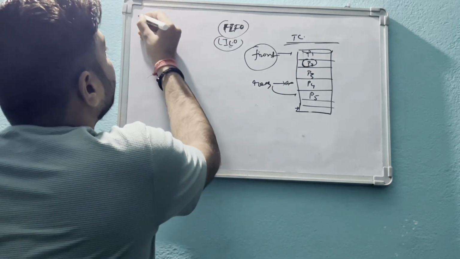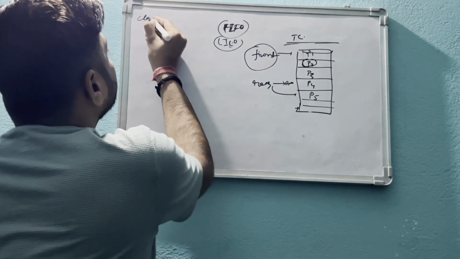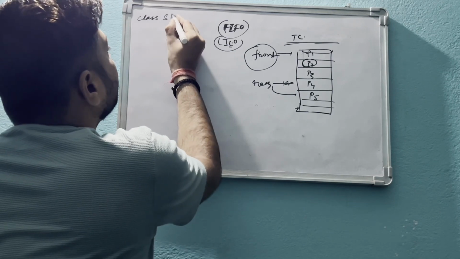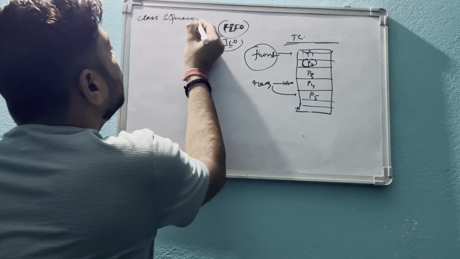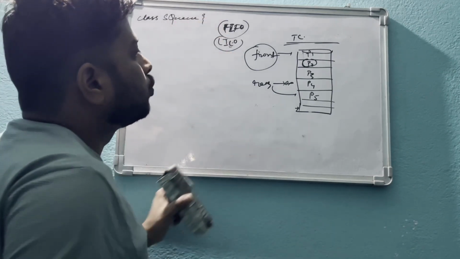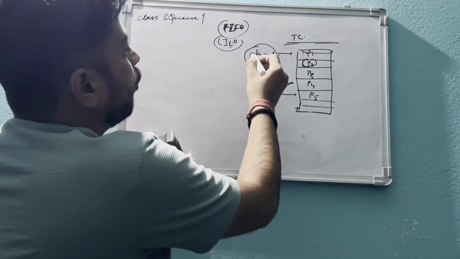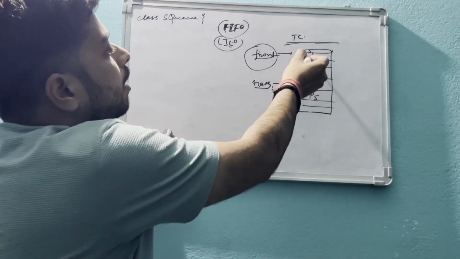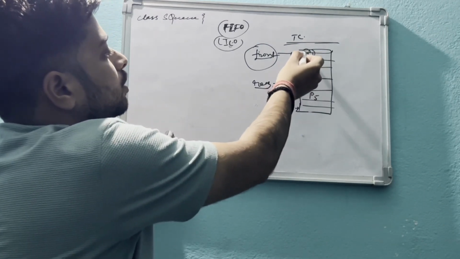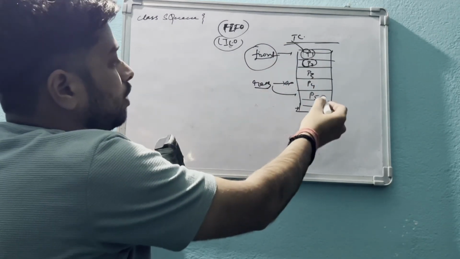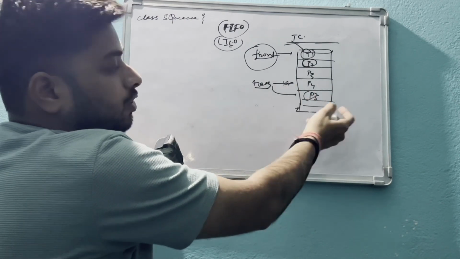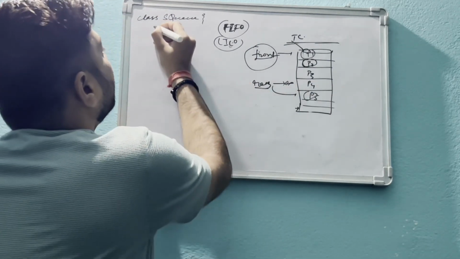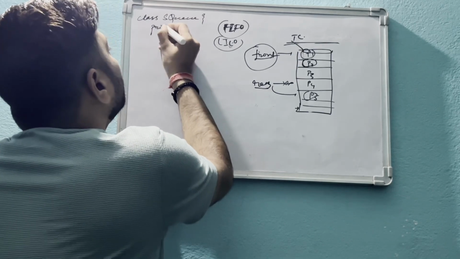The implementation would be like we have a class, say SinglyQueue, and the data members would be 2 pointers, front and rear, to point from where we need to get the person out of the queue, and from where we need to insert a fresh person into the queue.